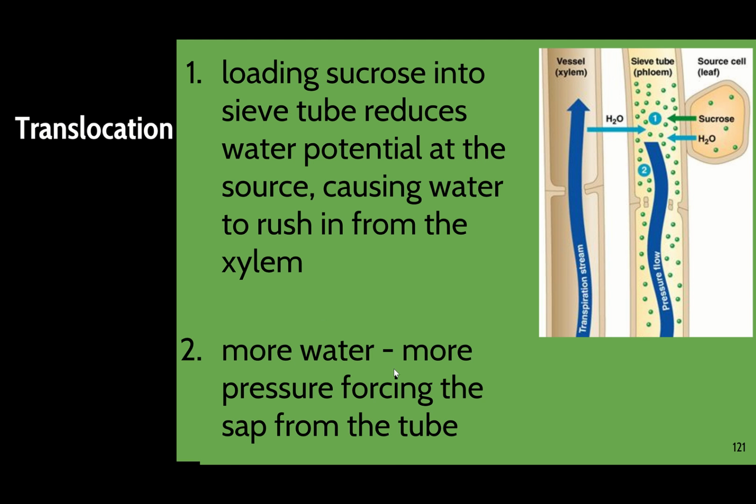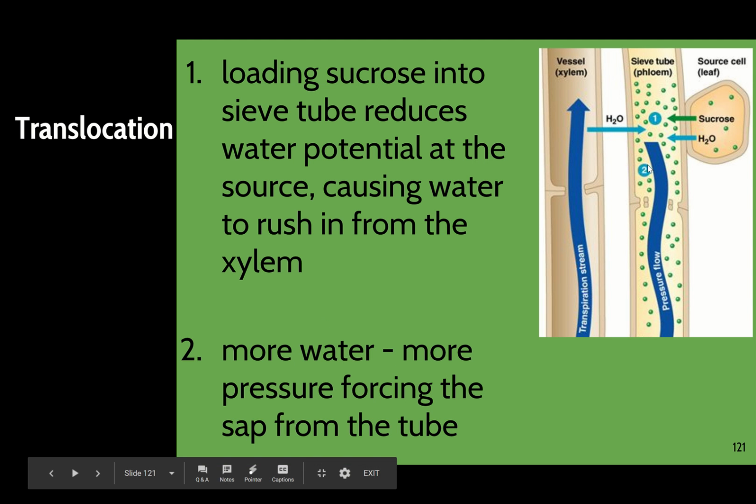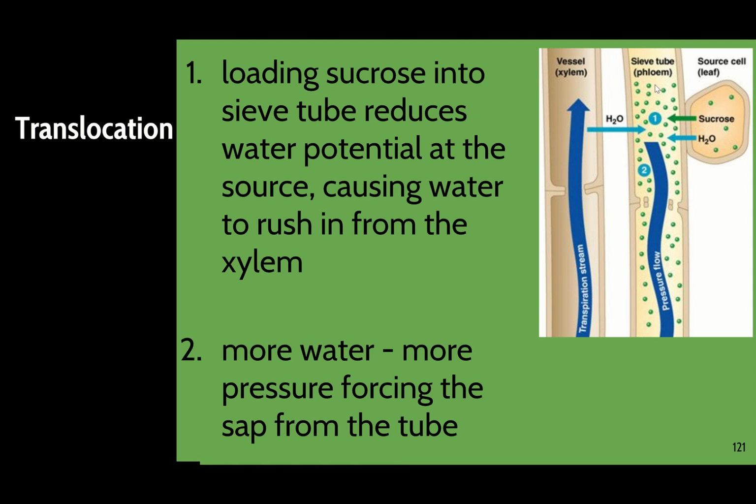So more water is going to mean more pressure, forcing the sap from the tube. The direction of this force is going to be based on the sieve tube elements, which determine which direction this pressure is going to go.